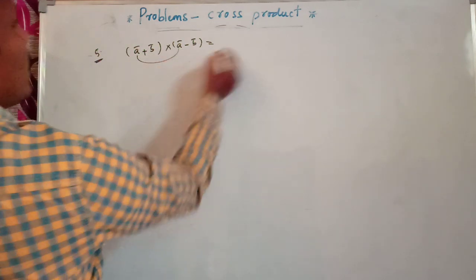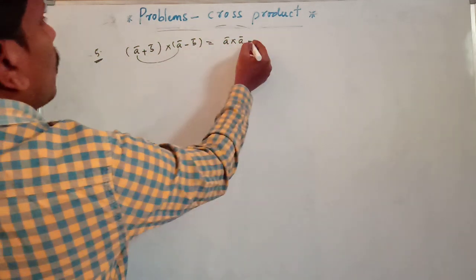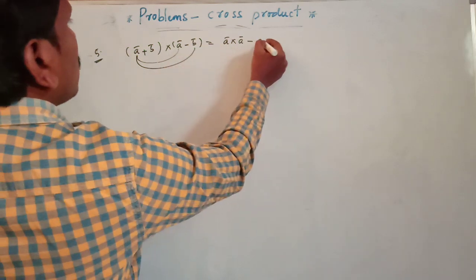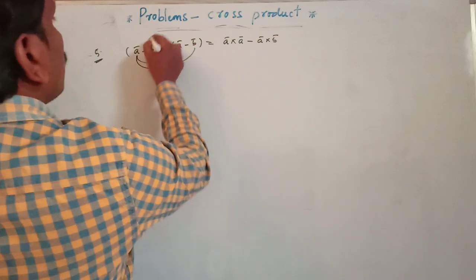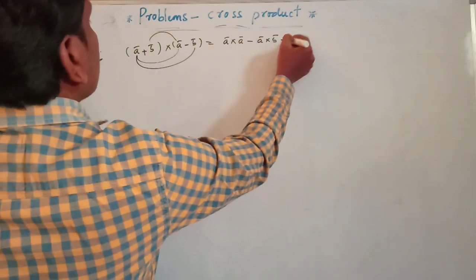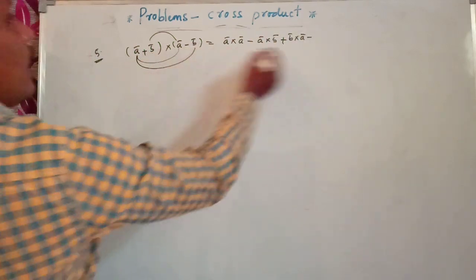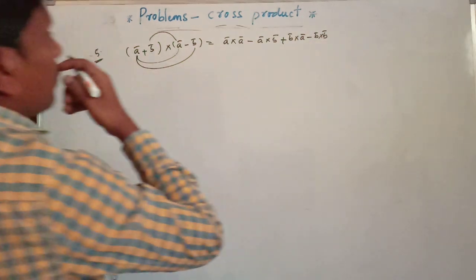Directly we have to do the cross product, that is A bar cross A bar, this one with this one, minus A bar cross B bar, and this one with this one, plus B bar cross A bar, minus B bar cross B bar.